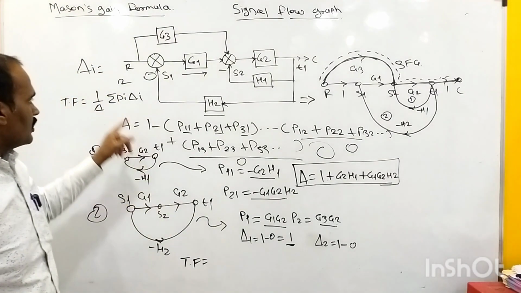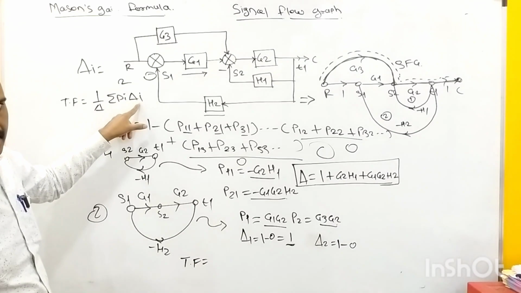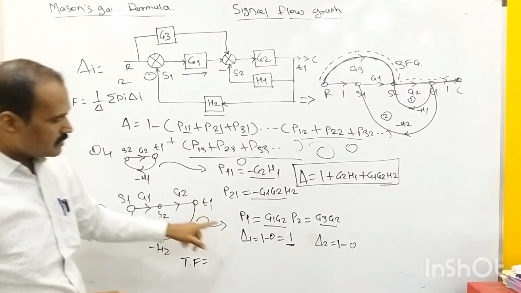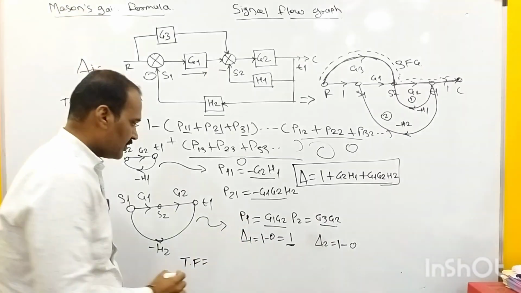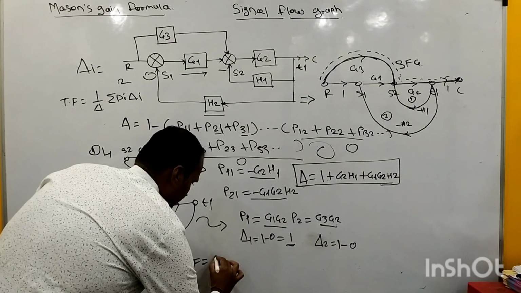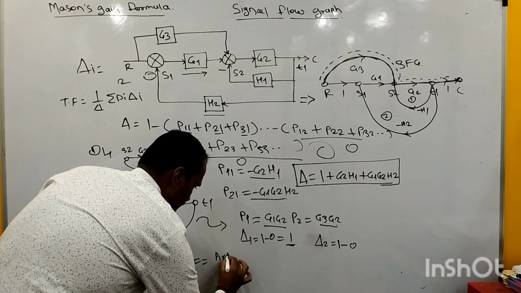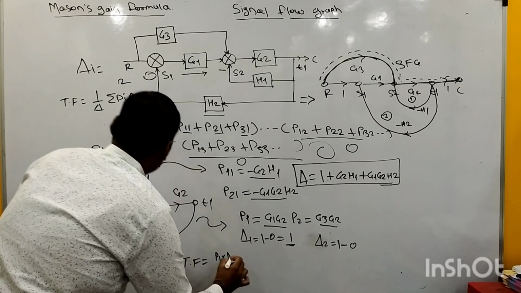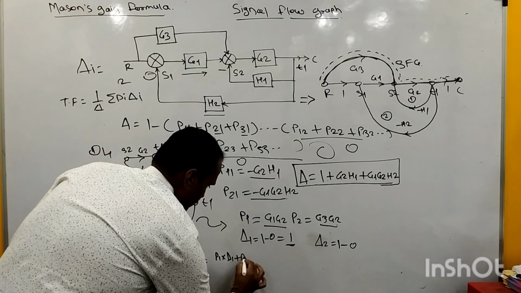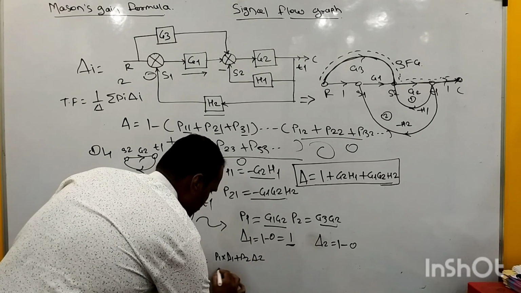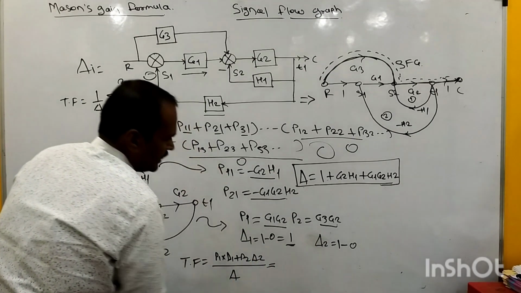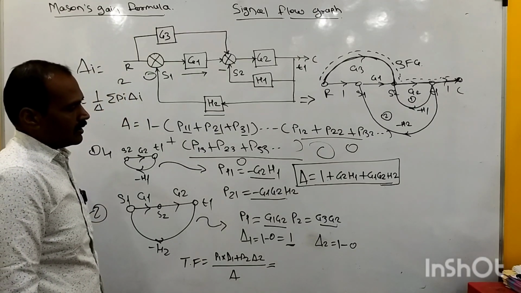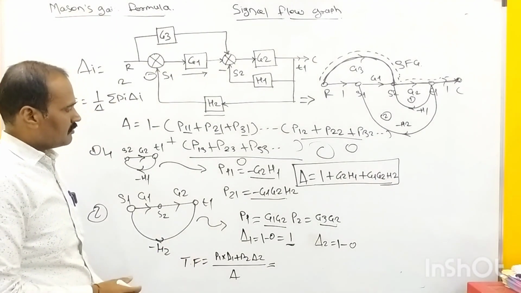So it is 1 over delta into the sum of Pi into delta I. As we have 2 forward paths, P1 and P2, the transfer function will become P1 into delta 1 plus P2 into delta 2, and this whole quantity divided by the system determinant, delta.